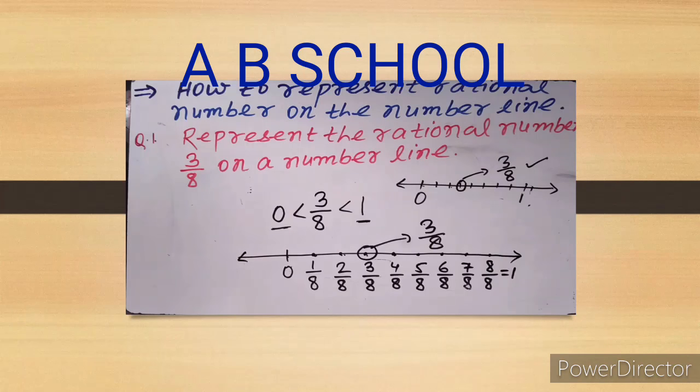So children, try to solve all those questions I have given on finding rational numbers between two rational numbers, and if you have any query, forward it to me and I will solve your query in the next video lecture.